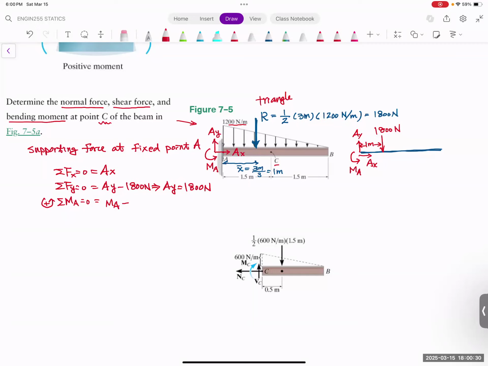The positive will be counterclockwise. The 1800 Newton force is going to make it turn this direction. So it's 1800 Newton multiplied with the lever arm, which is 1 meter, and that is equal to 0. So we can find out our moment A is going to be 1800 Newton meter, and that is in the counterclockwise direction.